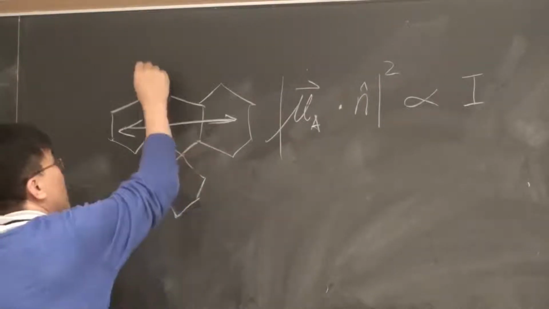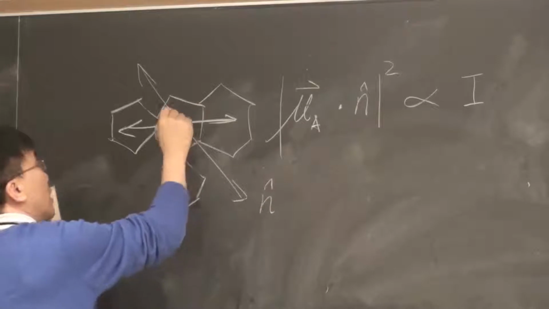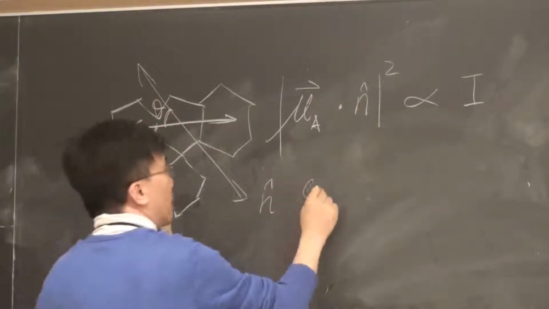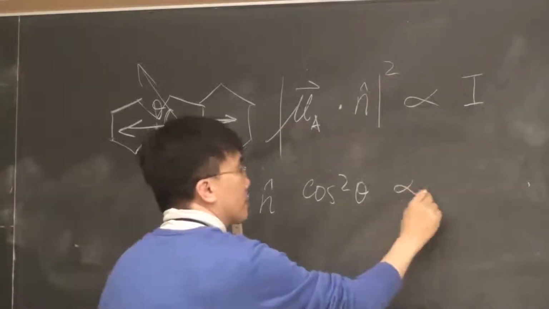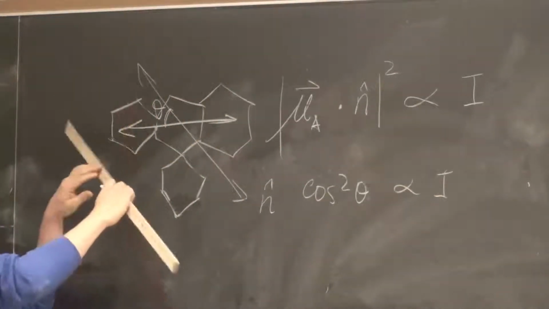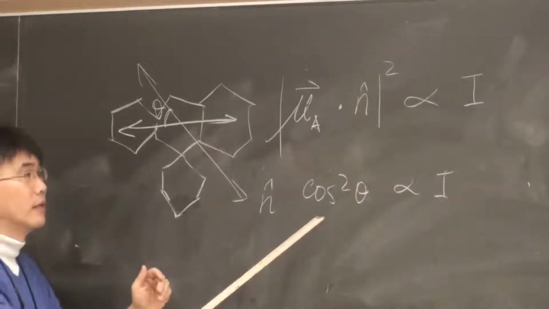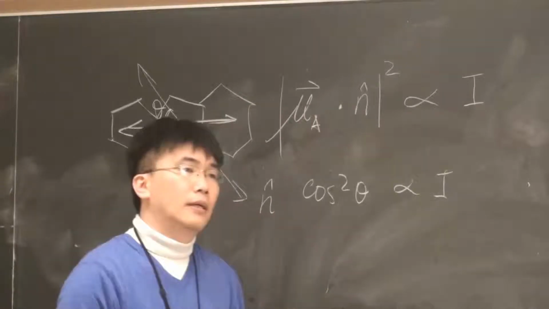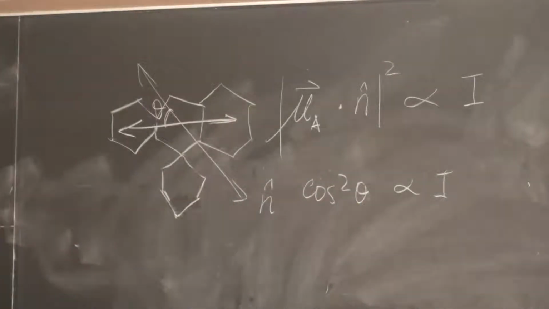Or if this is the laser light polarization direction and this is the angle theta, then this will follow cosine of that angle squared. So if you rotate the laser polarization as a function of time and measure a single molecule, then you'll see a signal that is going up and down in this manner. So let me show you one slide.